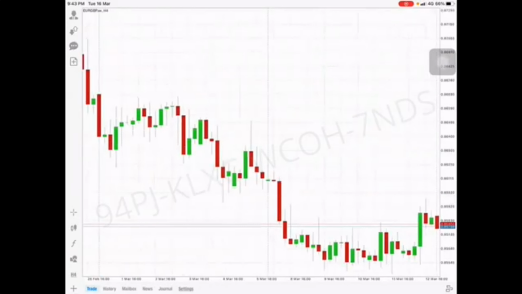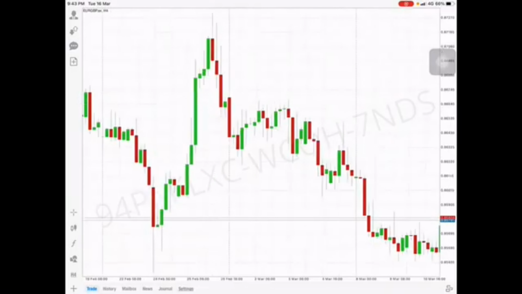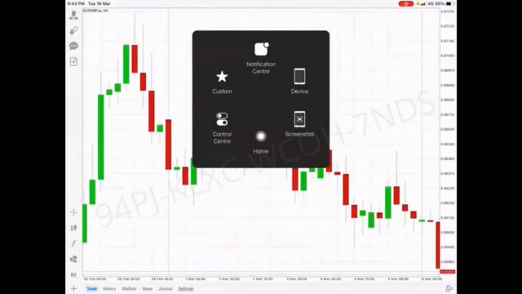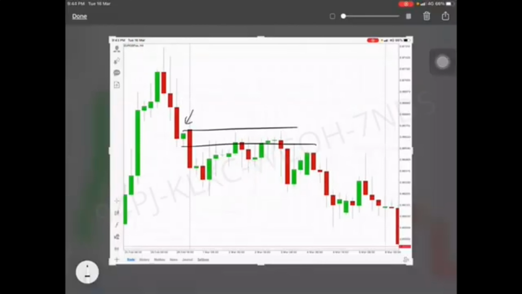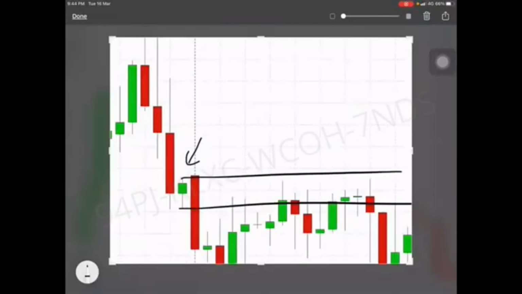Now you look at this. Let me see if I have examples for you. Okay, so this one, do you see this? What is that? Is it engulfing sell or engulfing buy?